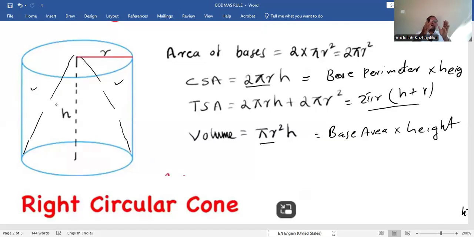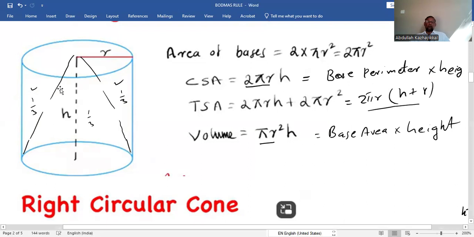Whatever it be, he will cut it. We can cut and make it. Even the solid body will become 3 parts. 1 by 3, it is 1 by 3. This also 1 by 3. That means 1 by 3 pi r square h, 1 by 3 pi r square h, 1 by 3 pi r square h.